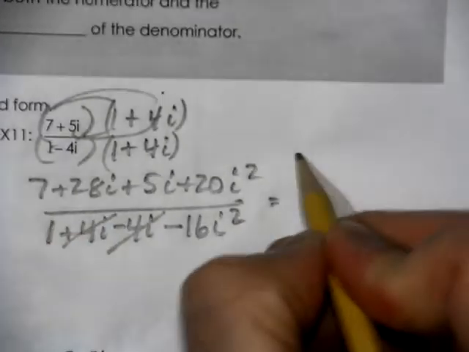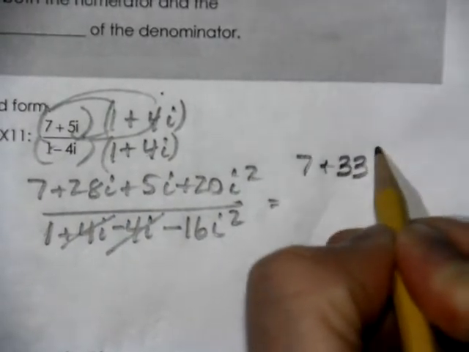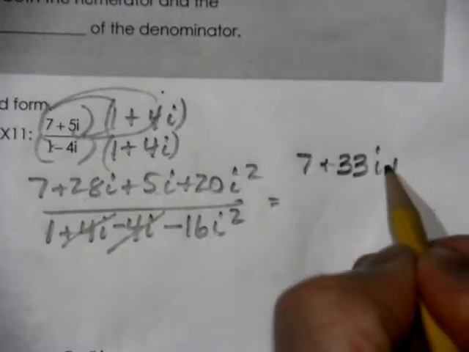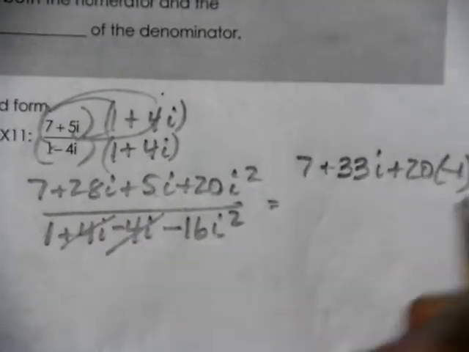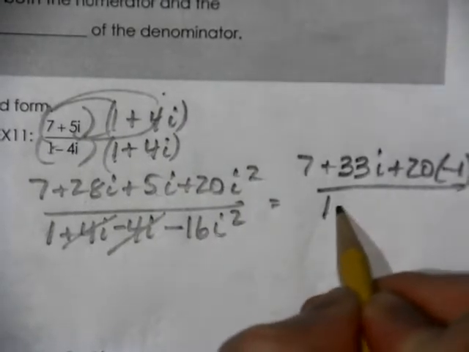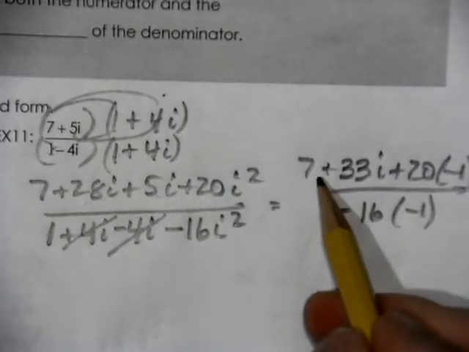So now we have the 7. Looks like 33i. Plus 20 times negative 1. 1 minus 16 times 1.